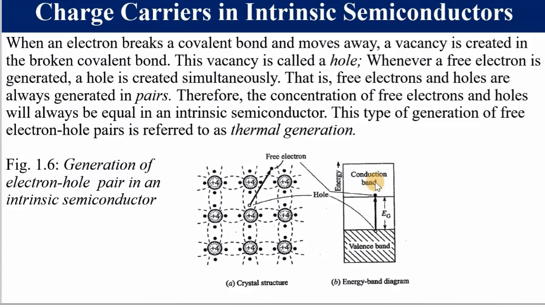But that is only in an intrinsic semiconductor, a pure semiconductor. That which has caused this electron to escape from the covalent bond, to detach itself to become free, to escape from the valence band to the conduction band, we call thermal generation or thermal agitation, which simply means heat increase.